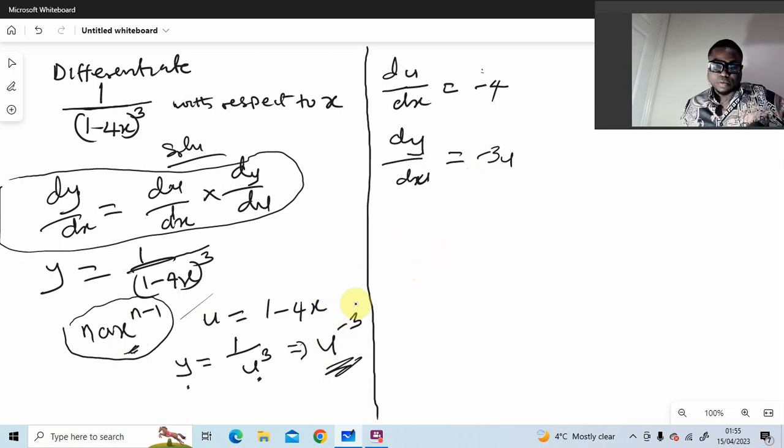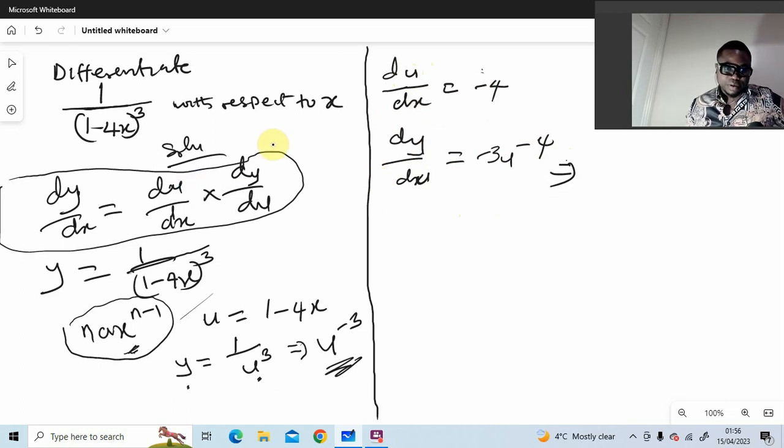If you replace n here with minus 3, that will give me minus 3 minus 1, which is minus 4. So dy over du gives me this value, and du over dx gives me this value.